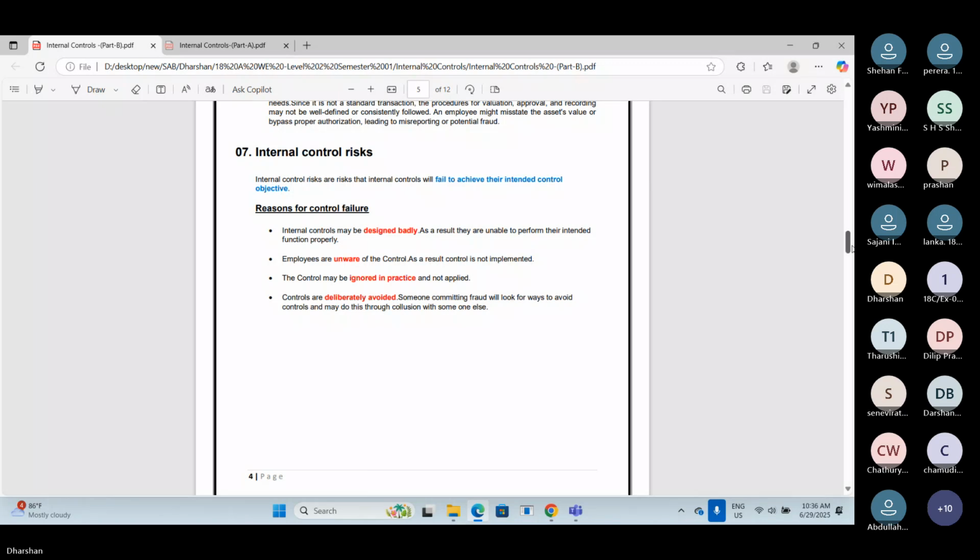Clear? Barriers and obstacles we call normal risk.